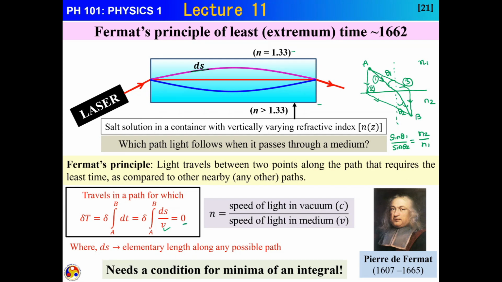So we need a condition for finding the minima of this integral. So how do we do that? And that's what we are going to talk about in the next lecture, how the Lagrangian formalism is going to come into the picture in giving the condition for minima of an integral.